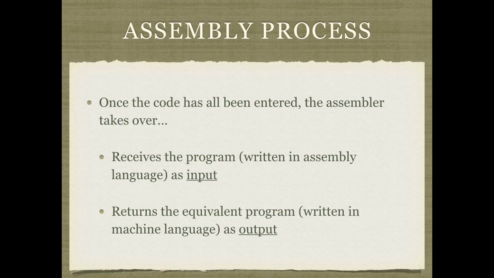So if you're in Spanish 1, you may receive a paragraph from your professor as quote-unquote input, and then you have to translate it into English to show your mastery of Spanish language diction and grammar. And once you have the English translation, you return it to your professor as quote-unquote output. And the assembler works in the same way. It's simply taking one program, one set of instructions in one language and translating it directly to another.